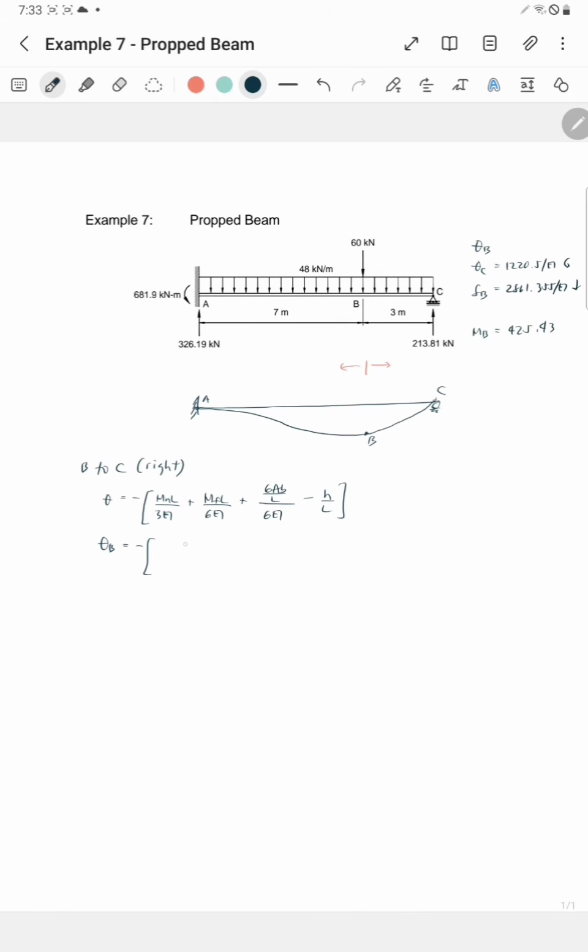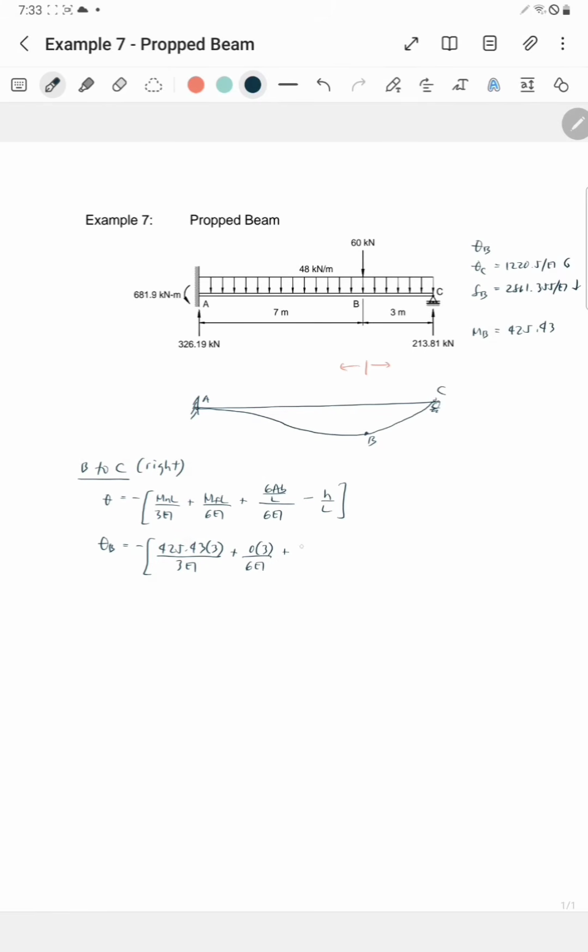The moment near is the moment at B, 425.43. The length is the distance from B to C, 3 over 3 EI, plus moment far is the moment at C, 0. The length is 3 over 6 EI, plus the load from B to C is uniformly distributed load, and the formula for 6AB over L for uniformly distributed load is WL cube over 4.